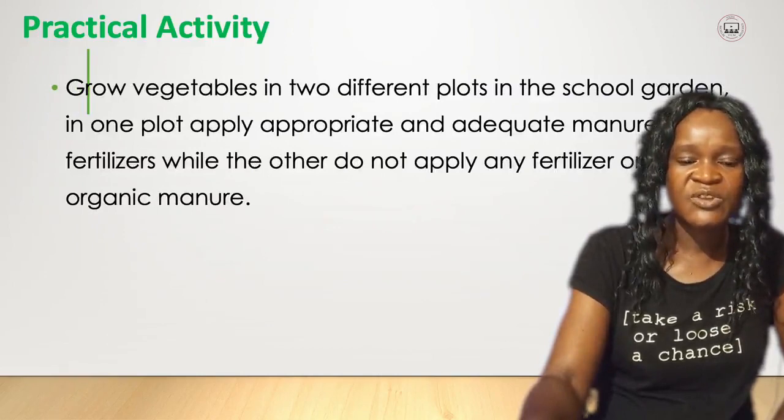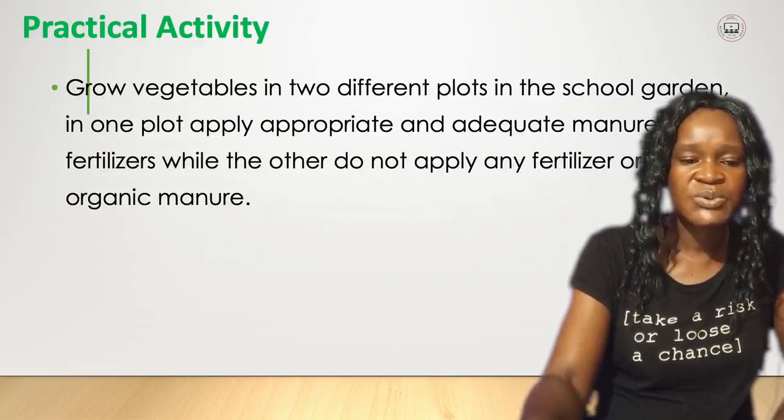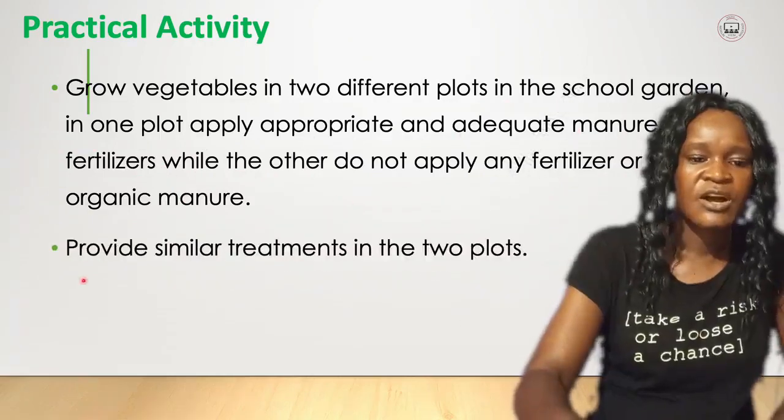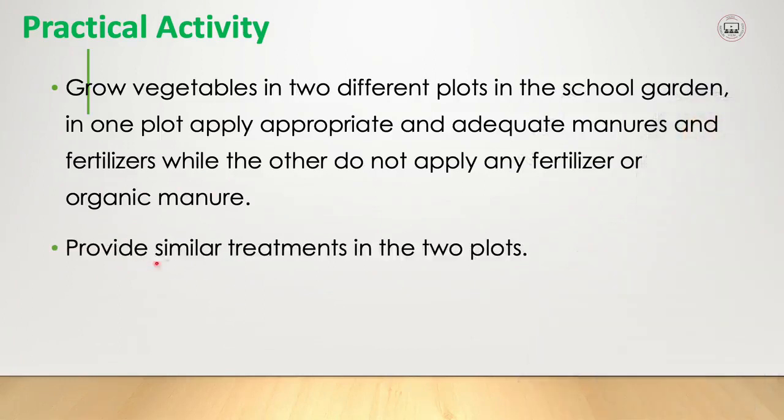In terms of the practical work, what we can do is try to grow vegetables in 2 different plots in the school garden. In one plot, apply appropriate and adequate manure and fertilizers, while in the other do not apply any fertilizer or organic manure. So you observe what happens. Provide similar treatments in the 2 plots.